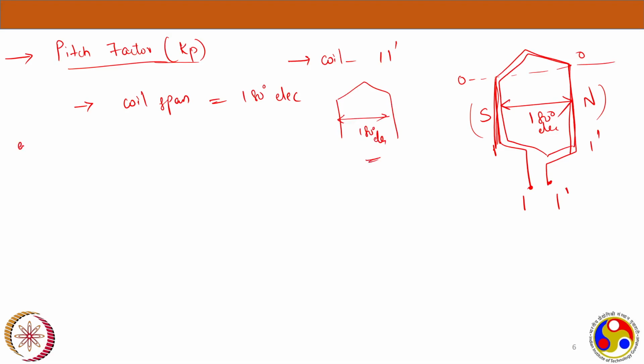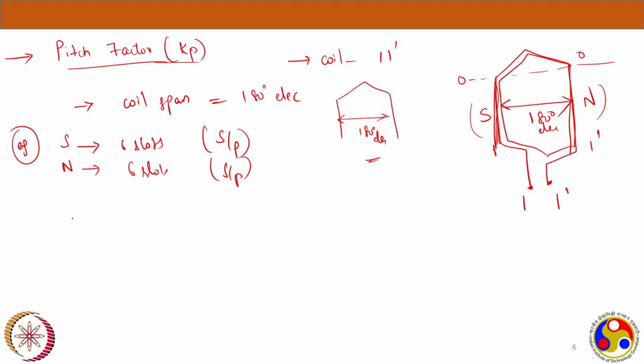Now, for example, let's take a small example, for each pole. So this is south pole, and under south pole I have any random number, like 6 slots. This means I have 6 slots per pole for south pole, and for the north pole also I have 6 slots, that is slots per pole. Now if you see each coil, each coil will have this kind of spread here.